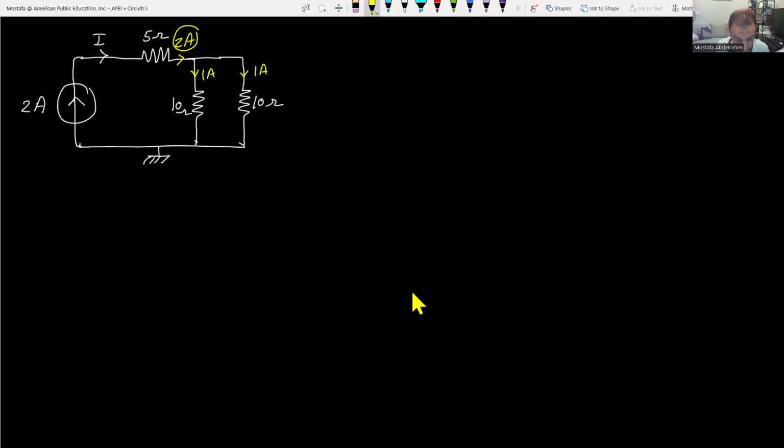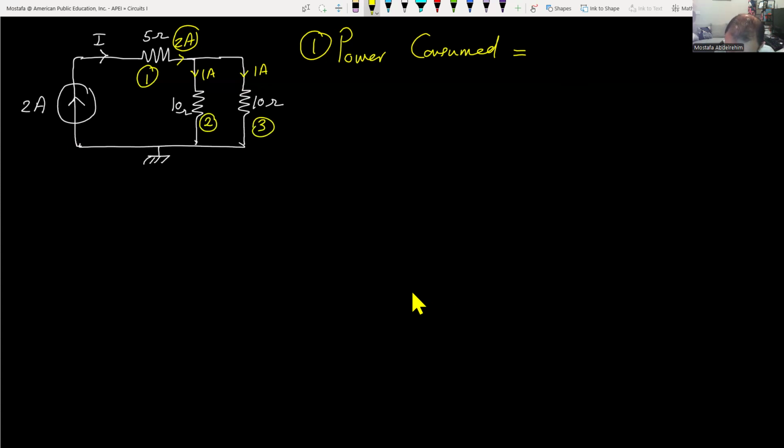Okay, guys. So we solved everything because now we can find the power generated and the power consumed. Let's do that. I'm gonna start with the power consumed. So again, we have the power in the 5 ohm, the power in this 10 ohm, and the power in this other 10 ohm.